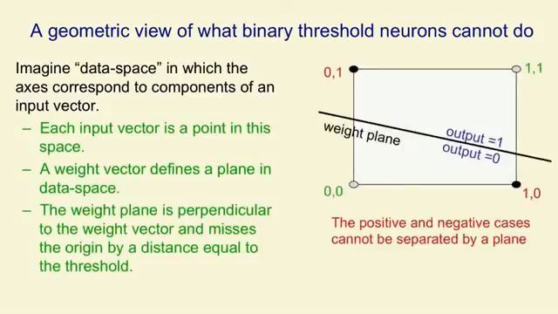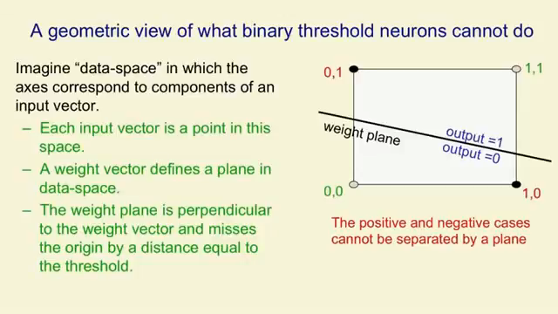You see the 4 data cases there, and for the 2 data cases in red, we need to give an output of 0, and with the 2 data cases in green, we need to give an output of 1. That means we need the green cases to be on the side of the weight plane where the output is 1, and we need the red cases to be on the side where the output is 0, and we obviously cannot arrange the weight plane so that that's true.